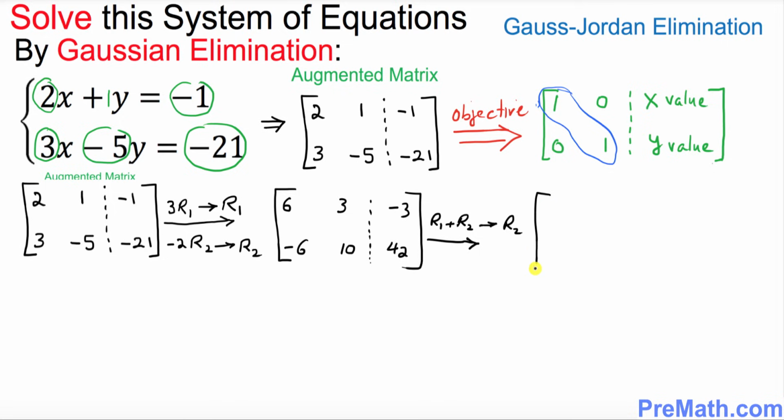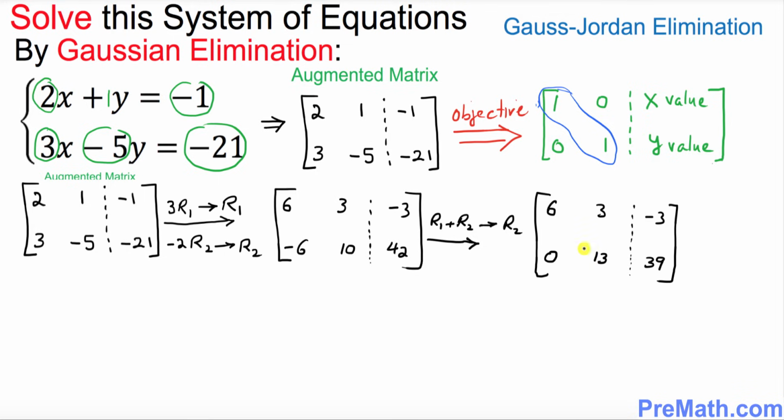So our matrix is going to look like this. On the top 6, 3, -3, and here it's going to be a 0, 13, and 39. So far so good.